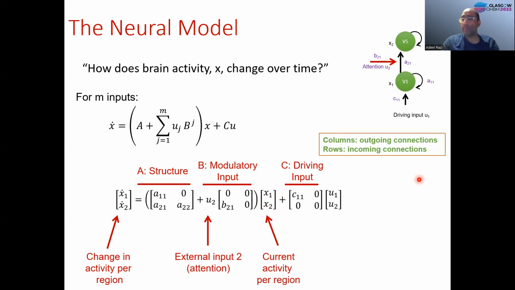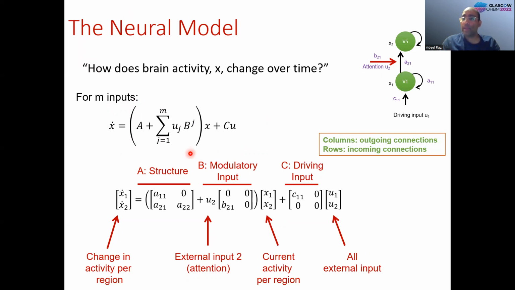You have a driving input C, and you have all the external stimulus or external input. So this is how we have now derived this Taylor approximation, or the bilinear form of DCM, which is widely used.